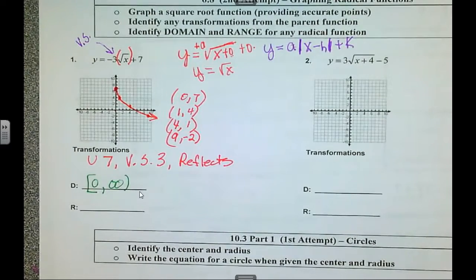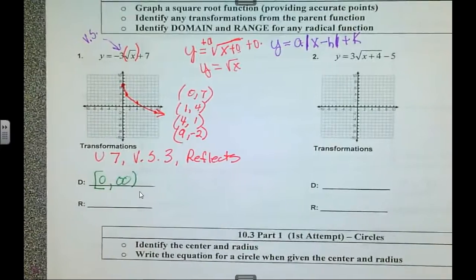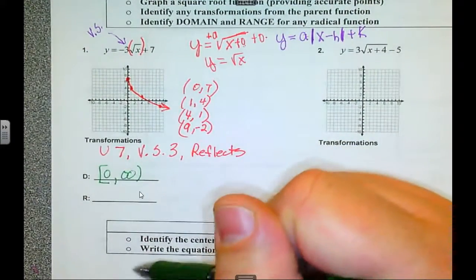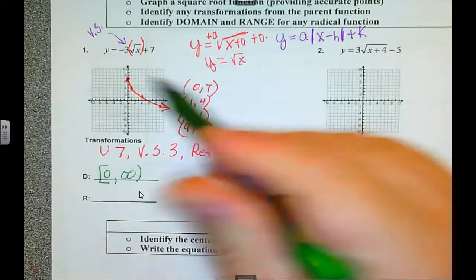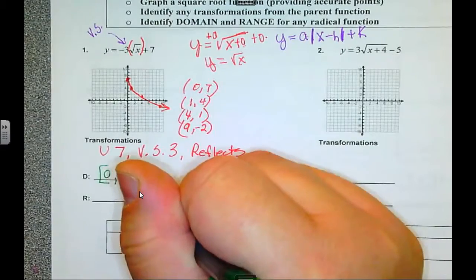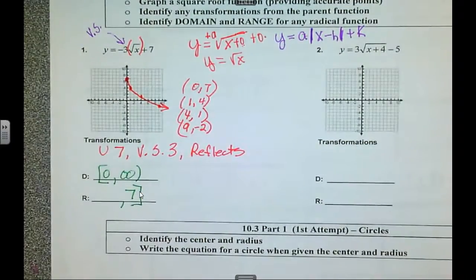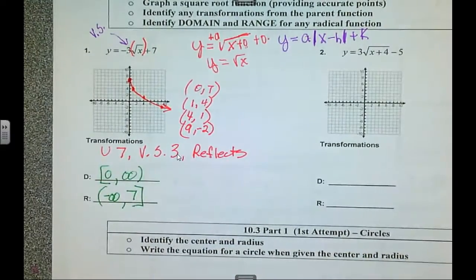Okay. What about my range, my y values? Where does it start on my y value? I'm coming this way. Where does it start? It ends at 7. But where does it start? Yeah, negative infinity. Good.